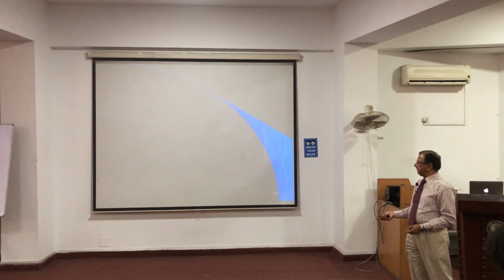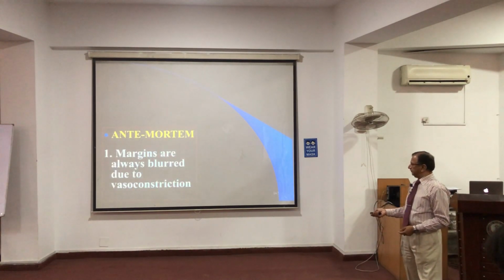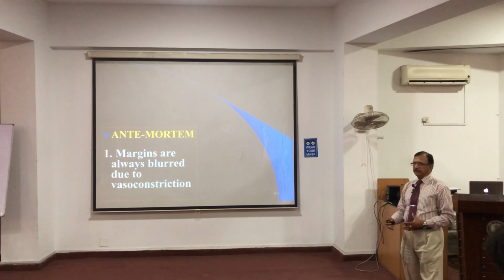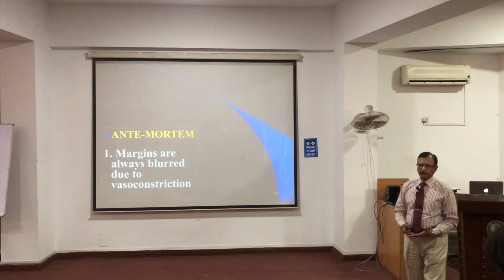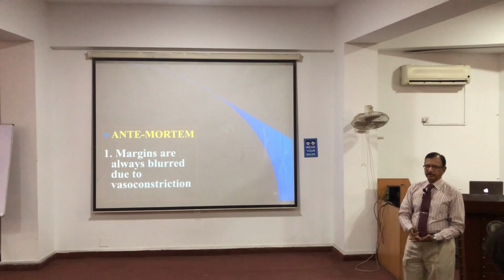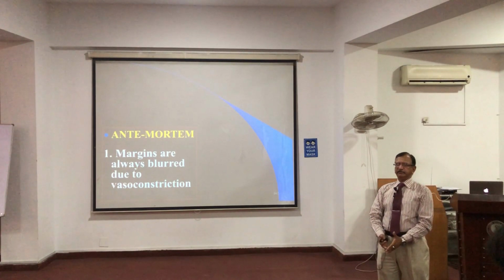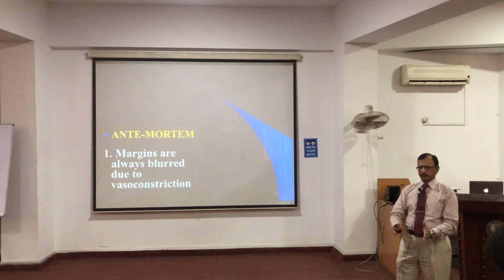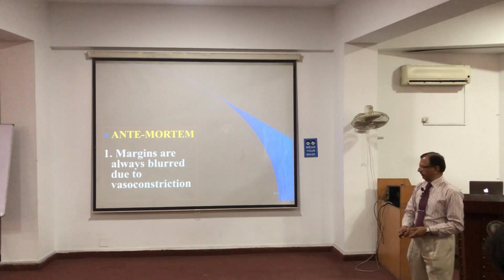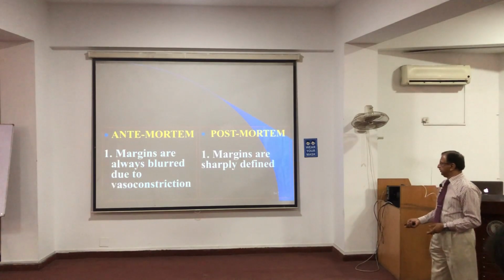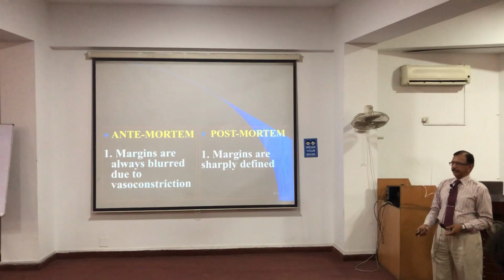Regarding antemortem and postmortem: in the antemortem, the margins are blurred due to vasoconstriction, because sudden impact will compress the tissues, and at the center there will be a bleached area, and on the side there will be extravasation of the blood. And in the postmortem, they are sharply defined.